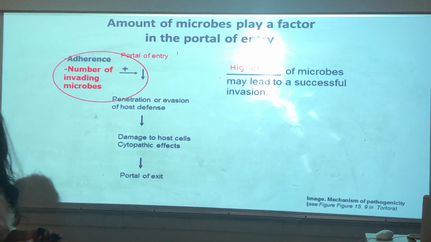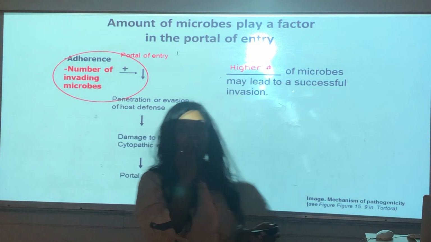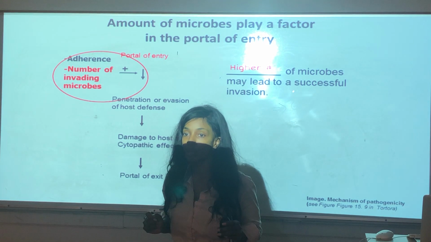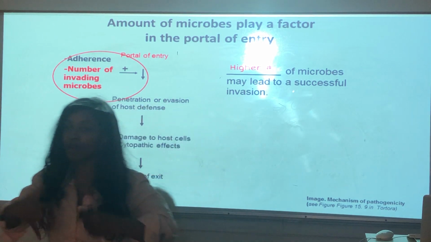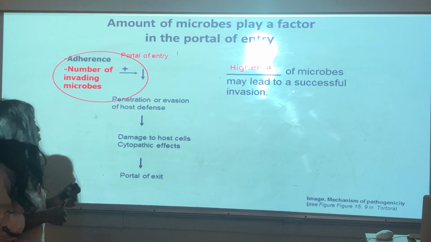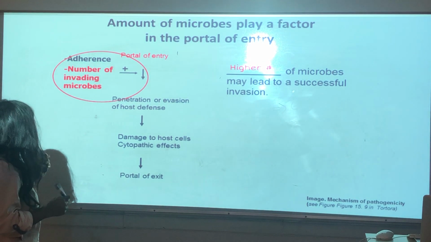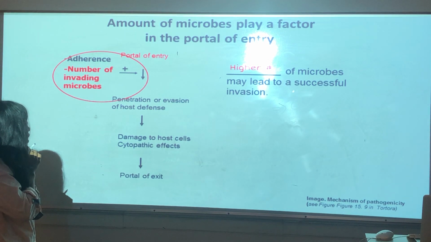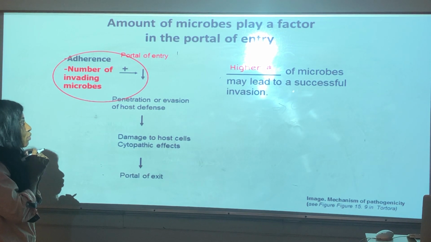Maybe 1 or 2 microorganisms come in, maybe they're not so successful. But the more that come in, the greater chance they are to work together and survive your immune responses. So the number of invading microbes is important for the portal of entry.